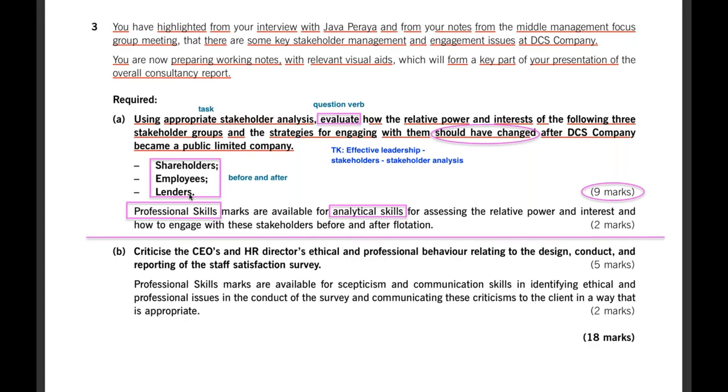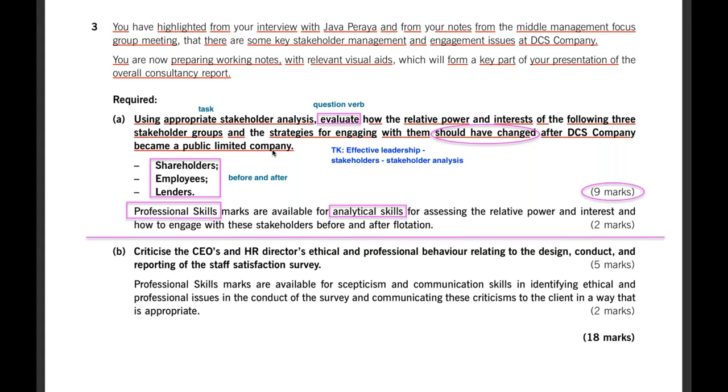All right. So you're supposed to be evaluating the relative power and interest of these particular three stakeholders, and strategies for engaging with them should have changed after DCS company became a public limited company.